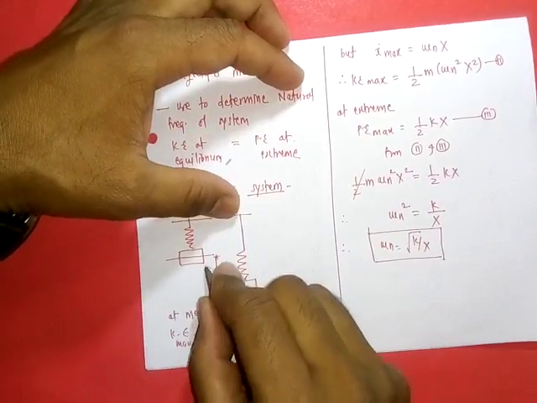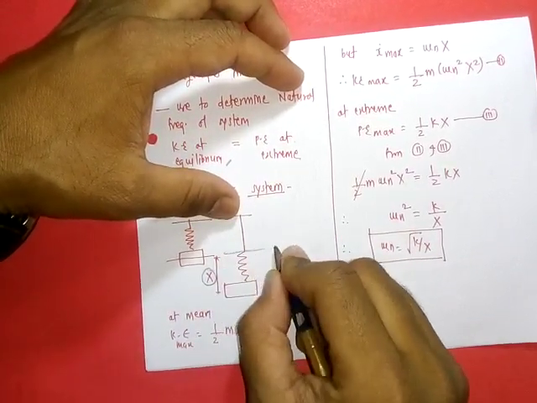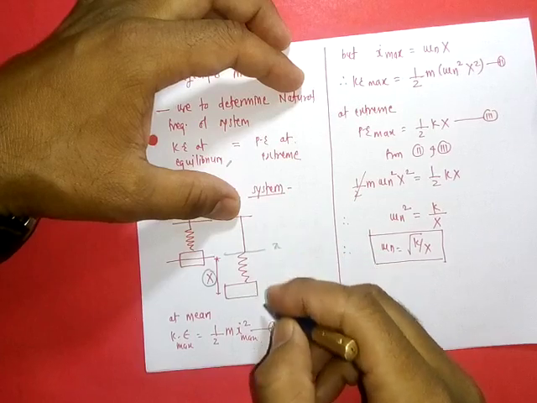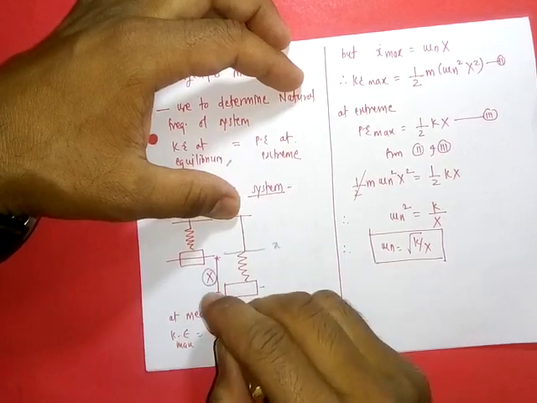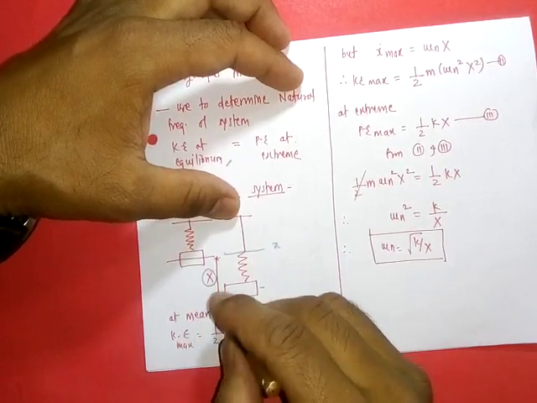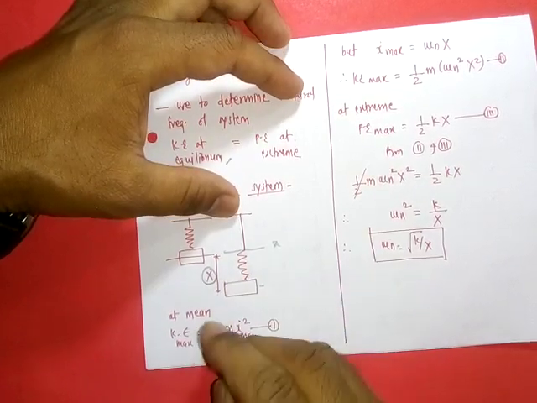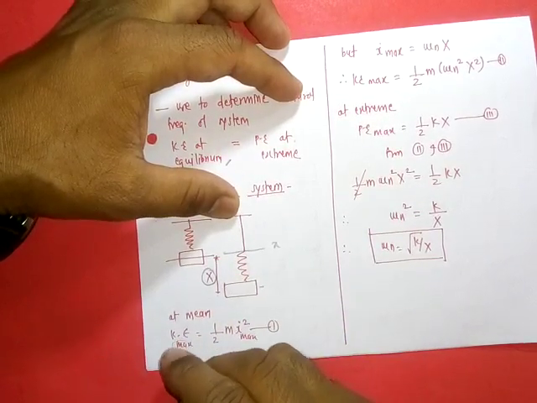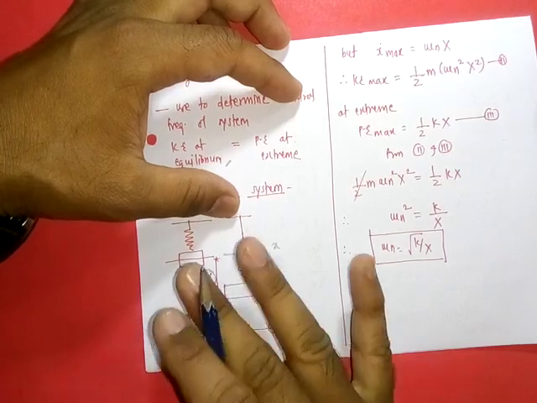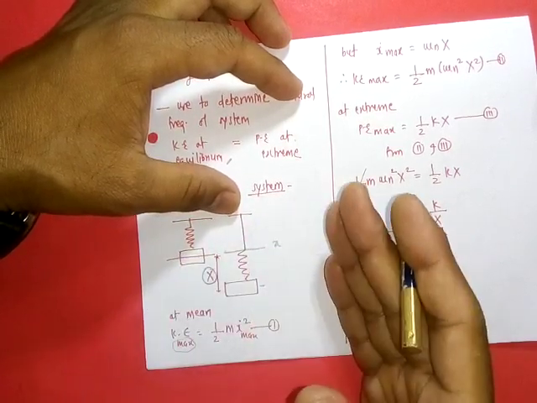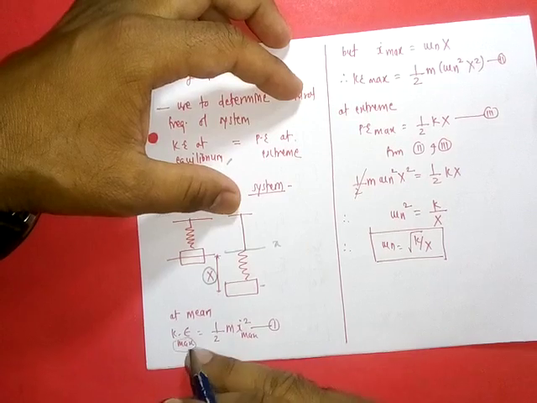Initially consider it is at equilibrium position. When we take this system to amplitude or extreme position, capital X is the amplitude. At mean position there is only kinetic energy because there is no deformation, so total energy will be kinetic energy.